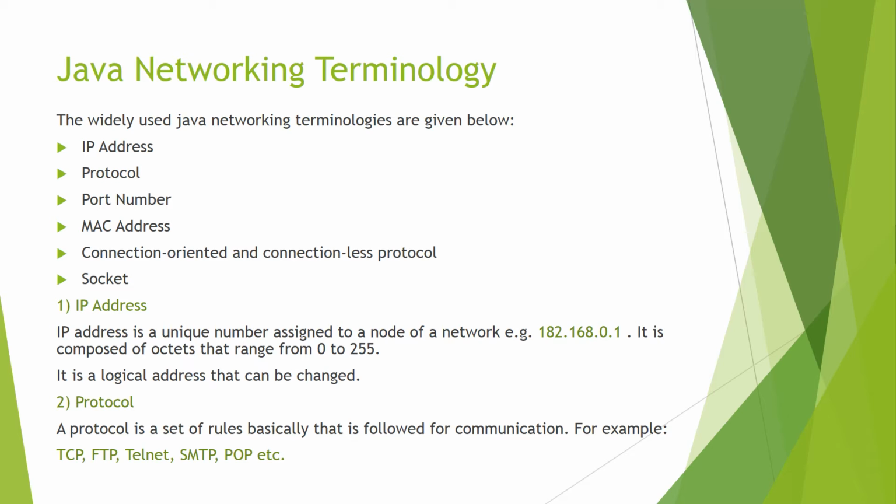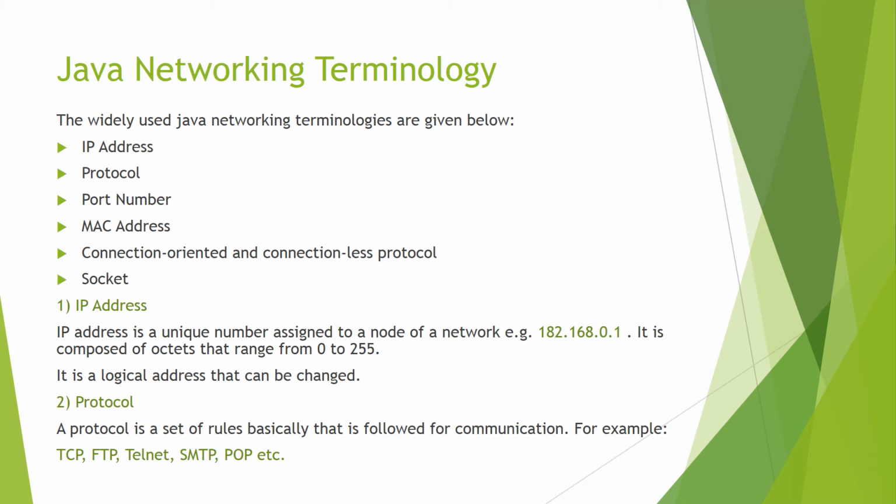First, IP address. An IP address is a unique number assigned to a node of a network, for example 192.168.0.1. This is one of the IP addresses. It is composed of octets that range from 0 to 255.